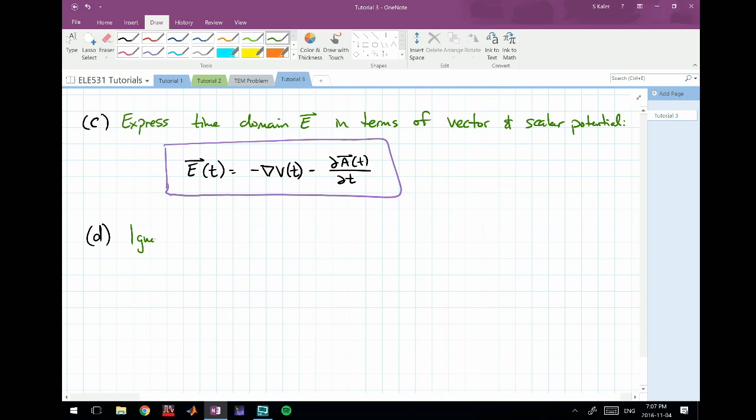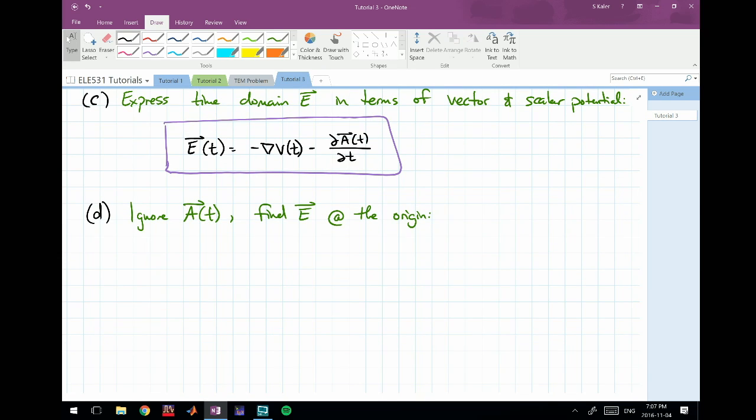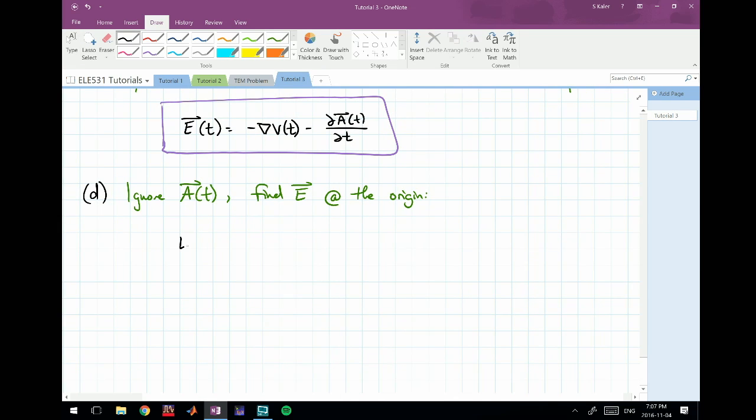Now it says ignore A, the vector potential, and find E at the origin. Can anybody tell me what E at the origin is if we ignore A? First, let's write what our equation becomes.